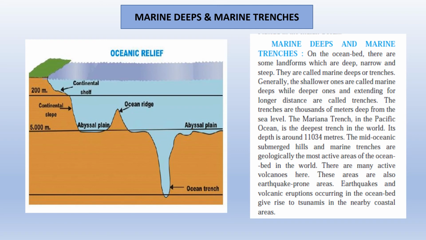Generally the shallower ones are called marine deeps, and the deeper ones, extending for a longer distance, are called trenches. Earthquakes and volcanic eruptions lead to the development of tsunamis, which destroy to a great extent and affect coastal areas very adversely.